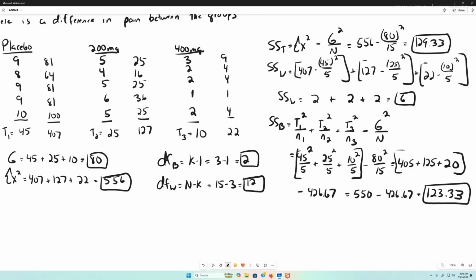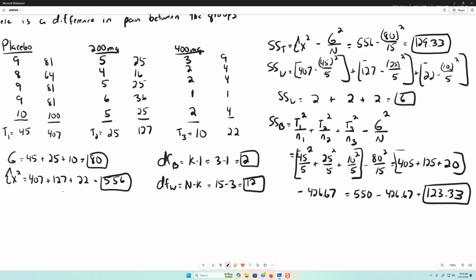So you don't have to do between, but if you want to, you can. It's just a lot of computation, as you can see. It's a lot more computation than you need to do. If you've done these two right, just do total minus within, and that gets you between.